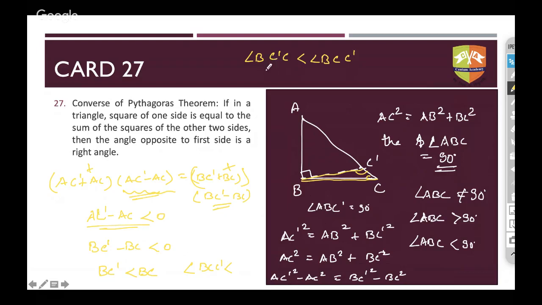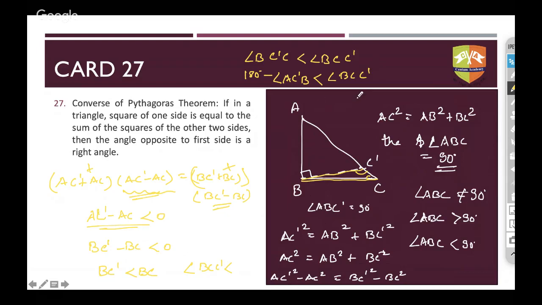That means what is this? 180 degrees minus angle AC dash B is less than... So hence, there can be multiple ways. I'm just giving you one logical proof which can also be used. So 180 degrees minus AC dash B, this is my BC dash C, is less than angle BCC dash.